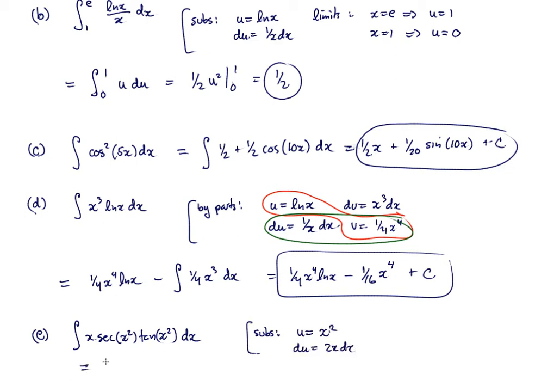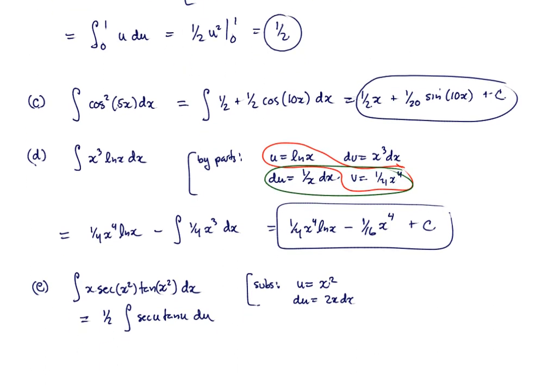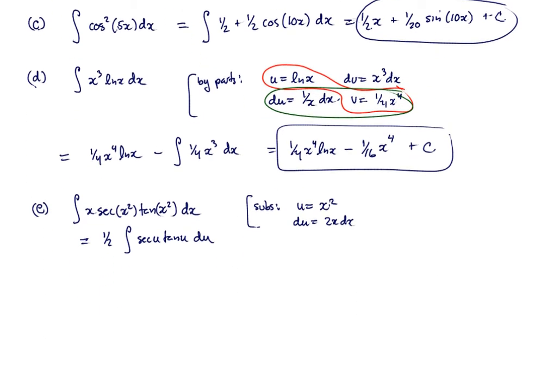So this becomes then 1/2 the integral of secant u tan u du. And the antiderivative of secant u tan u, well, that's just secant of u. And so this is 1/2 secant of x squared, putting everything back in terms of x, plus c.